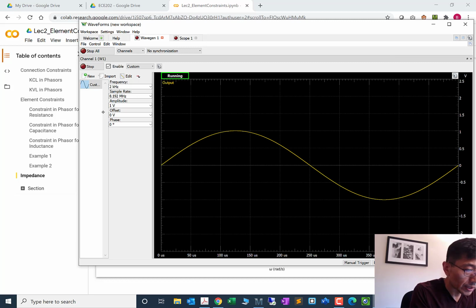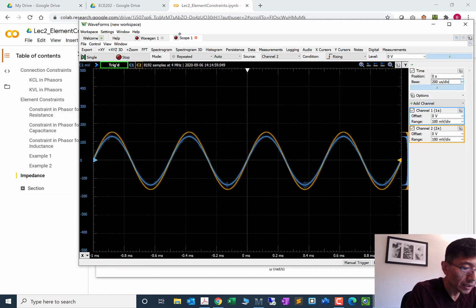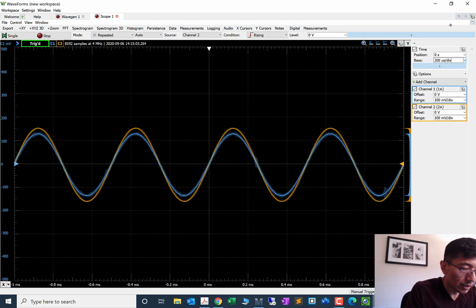So in this case, we have 2 kilohertz, and let's see the voltage on the scope. Remember, channel 2 is for the capacitor voltage. The capacitor voltage is actually slightly higher than the total voltage across the L and C, right? So that's actually the resonance starting to happen there.